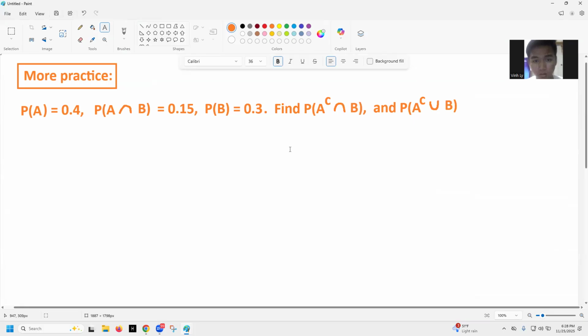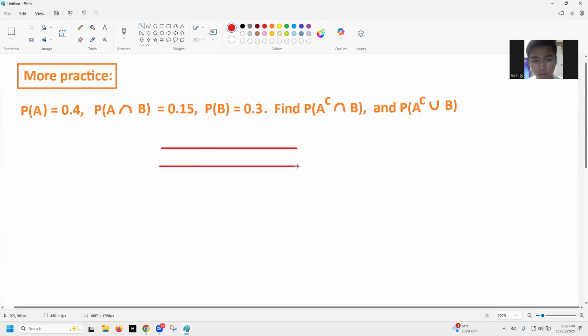So the easy way you can do this is to make a table, like a 2 by 2 table. I think I showed you guys how to do that. I'm not sure. So this is A. It doesn't matter if you want the column as A and the row as B, or you can have A as a row and B as a column.